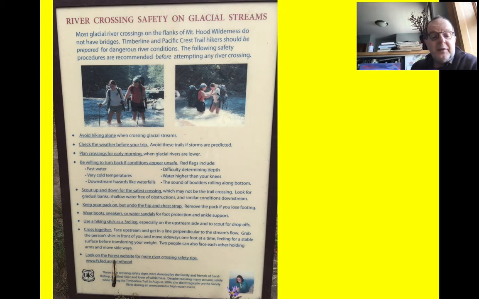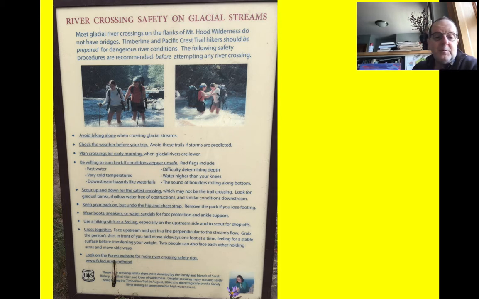This is just a funny little sign I saw up on Mount Hood, a volcano that goes up about 11,000 feet. I don't know how high, but a lot of people go hiking there. And of course, it's wilderness. There's no cell phone coverage, and there's no people wandering around waiting to rescue you. You're on your own.